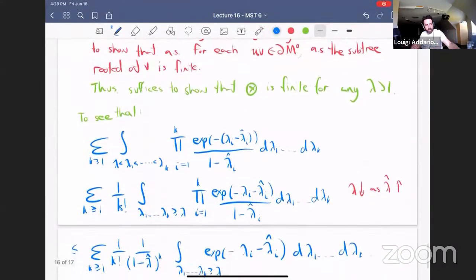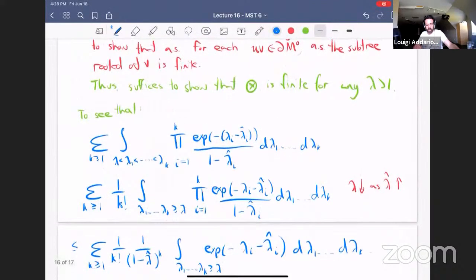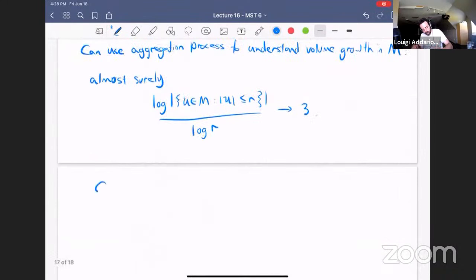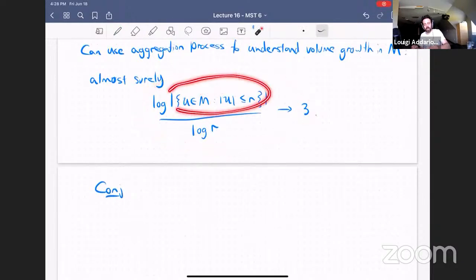The timing worked out well to finish the lecture with a conjecture. It is possible to do a little bit better than this. You can get more quantitative information about how this volume growth behaves.